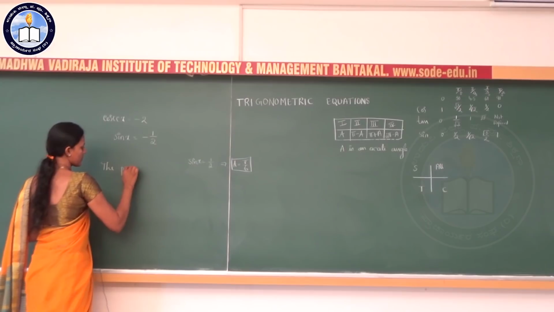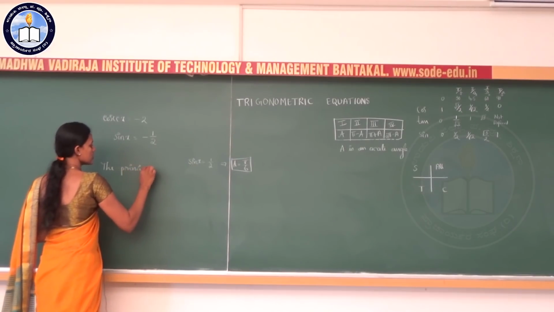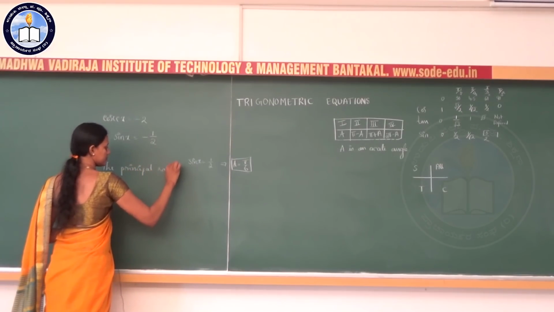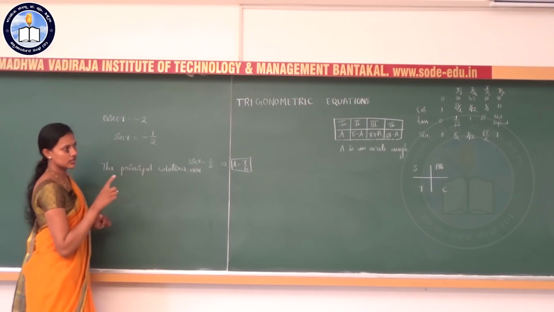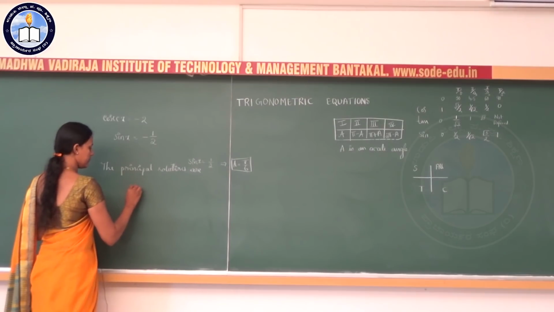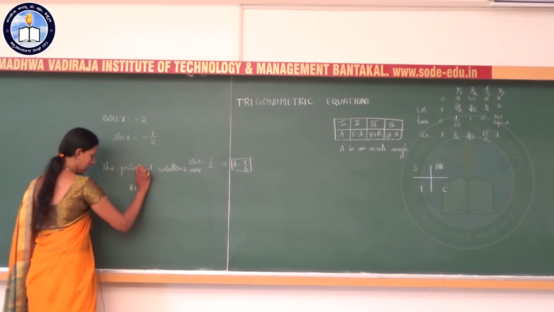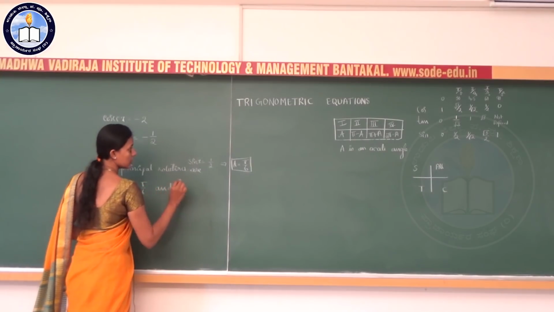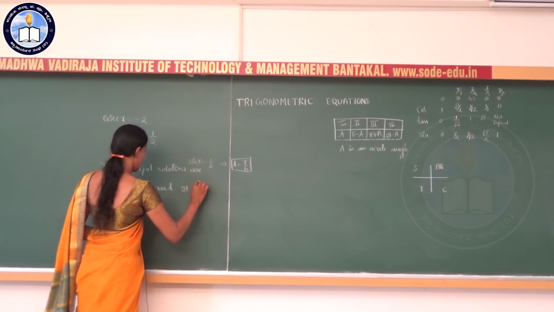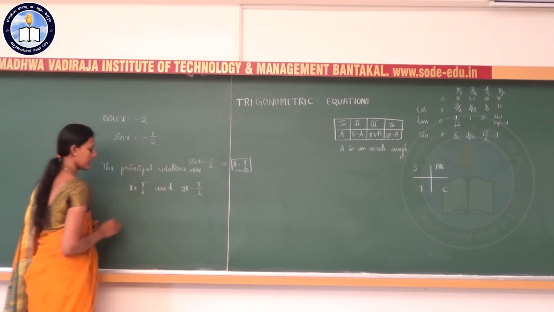Therefore, the principal solutions are in the third and fourth quadrant. So, pi plus A is pi plus pi by 6 and 2 pi minus A is 2 pi minus pi by 6.